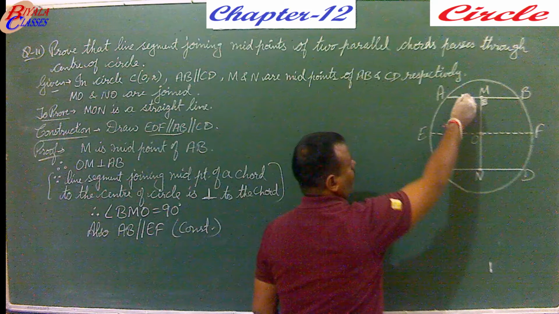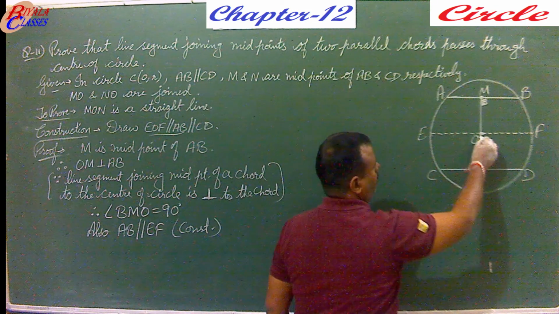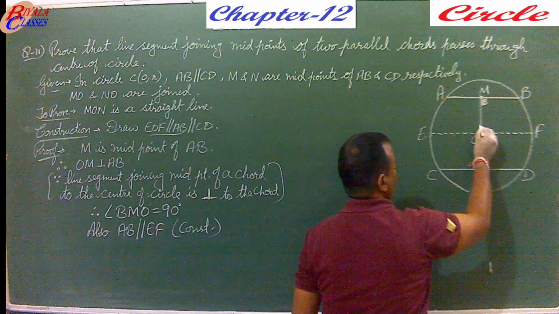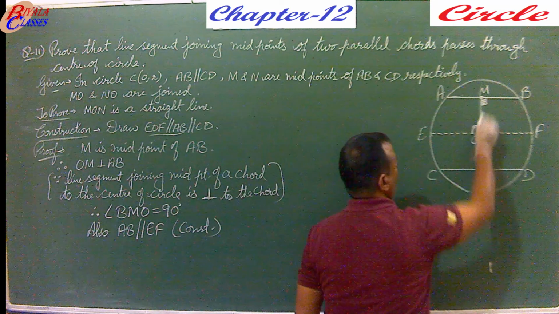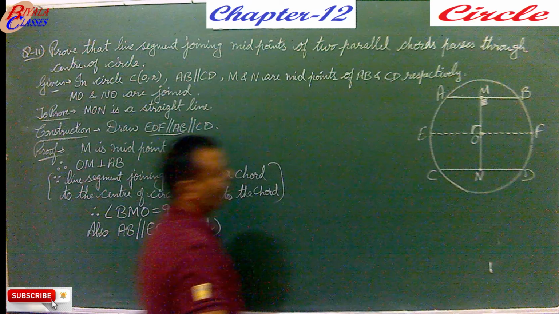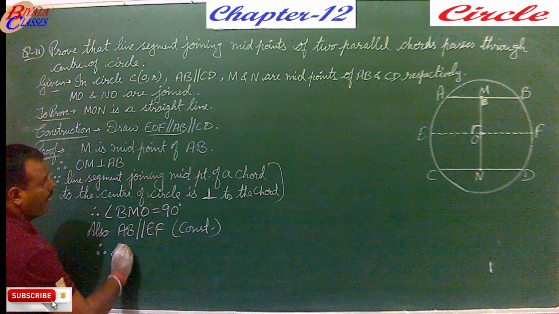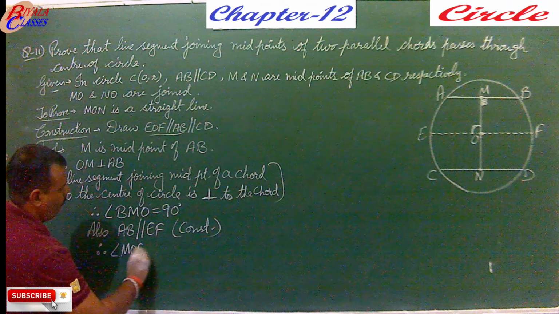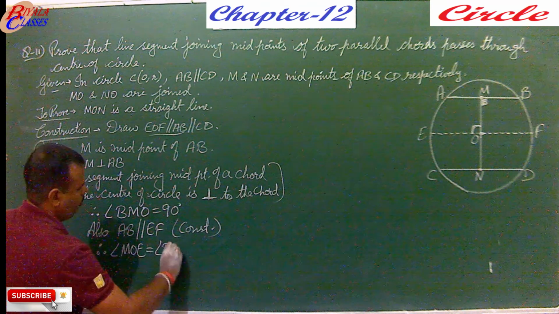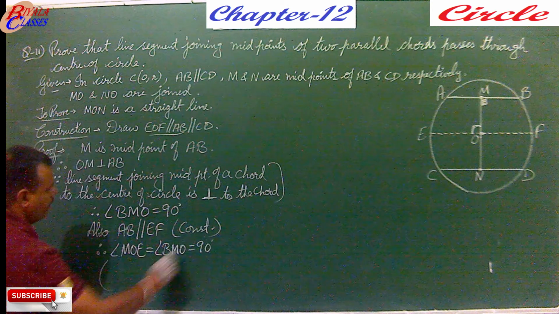Now if these two line segments are parallel, and OM is the transversal, then angle MOE will be equal to angle BMO. Therefore angle MOE equals angle BMO equals 90 degrees.